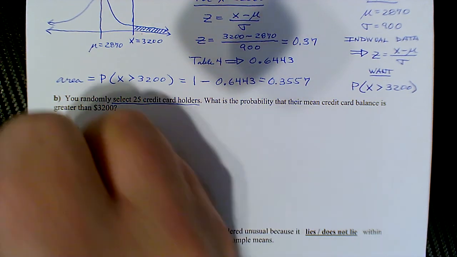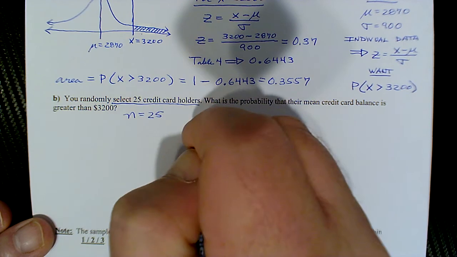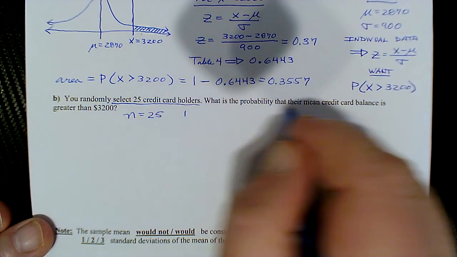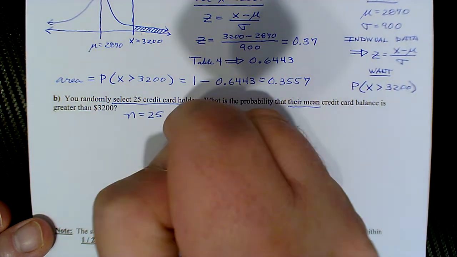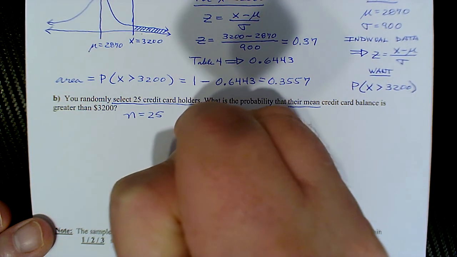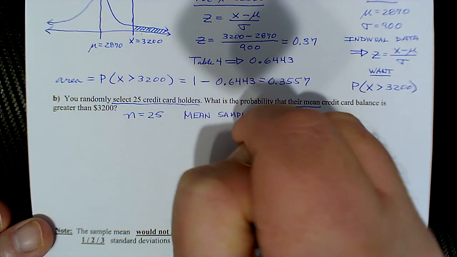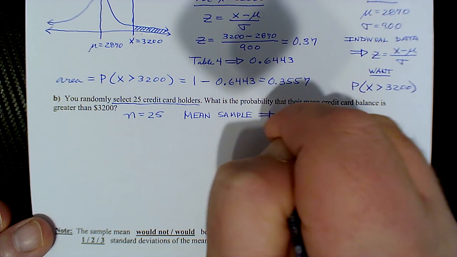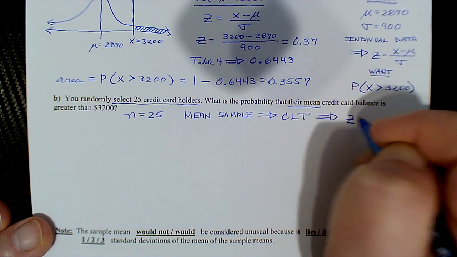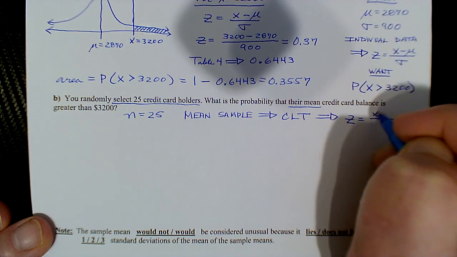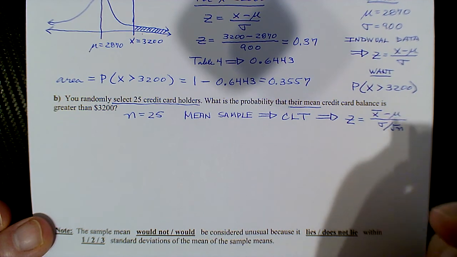So the sample size n is 25, and we want to know what is the probability that their mean, so the mean of a sample, or sample mean, so that's the central limit theorem again, and our z-score formula once again is x bar minus mu over sigma divided by the square root of n.